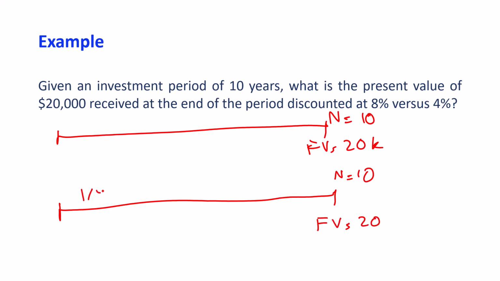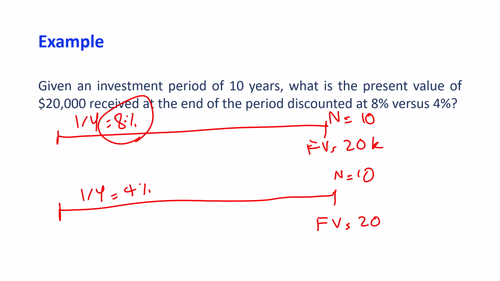But your I is different. You're doing it at 4% and 8%. Without even calculating this, can you tell me which one is going to have a lower present value? Your answer should be the 8% case, because with a higher discount rate, you're punishing the future cash flows more heavily, so you end up with a lower present value.